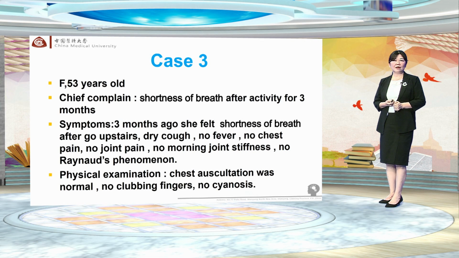Case 3, female, 53 years old. The chief complaint was shortness of breath after activity for 3 months. The symptom began 3 months ago. She felt shortness of breath after going upstairs. Dry cough, no fever, no chest pain, no joint pain, no morning joint stiffness, no Raynaud phenomenon. For the physical examination, the chest auscultation was normal. No clubbing fingers, no cyanosis.